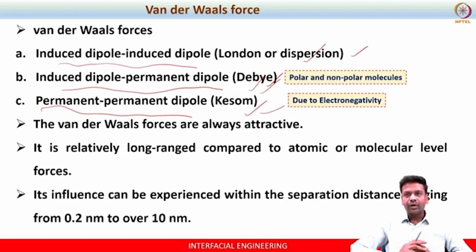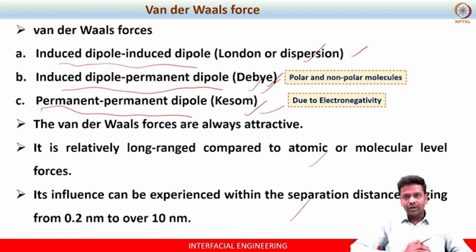So we often use the sign convention negative to represent attractive force, positive to represent repulsive force. It is always a long ranged force, relatively long ranged compared to atomic or molecular level forces.